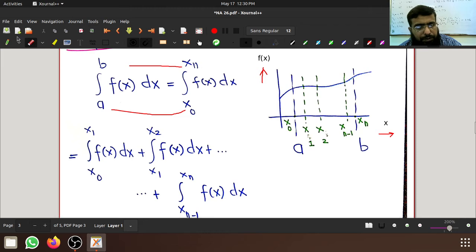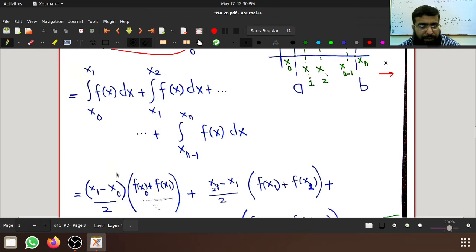So if we assume it to be linear in this region, we'll apply the same trapezoidal rule, that is b minus a, where we have x1 as b, x0 as a, b minus a divided by 2, the value of the function at the lower limit plus the value of the function at the upper limit.